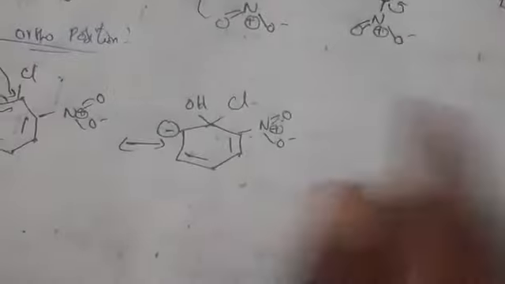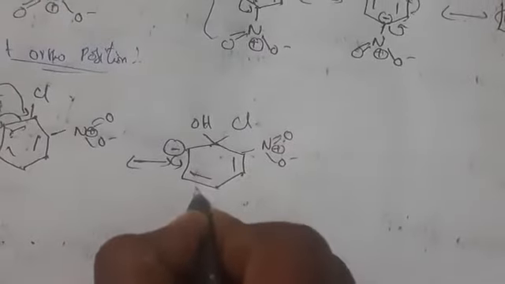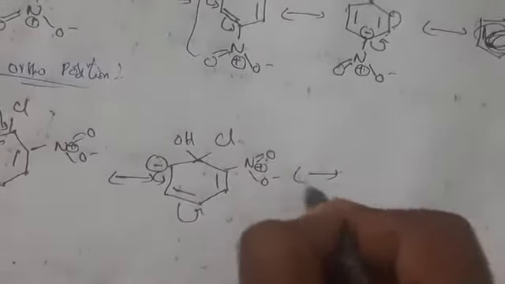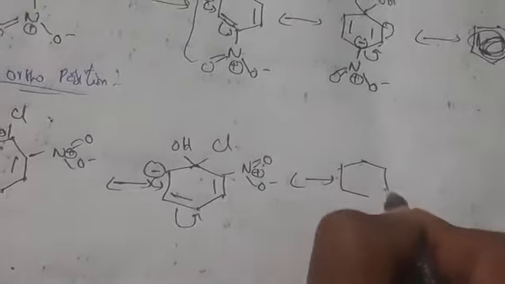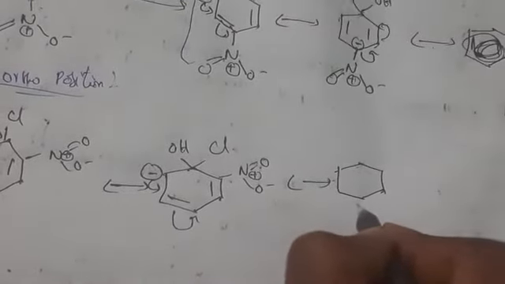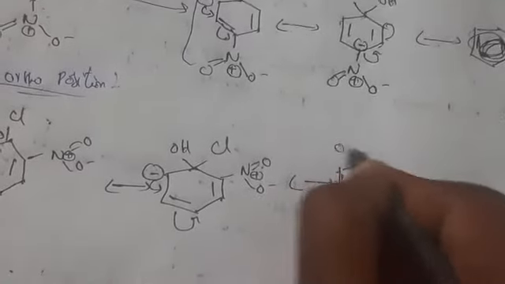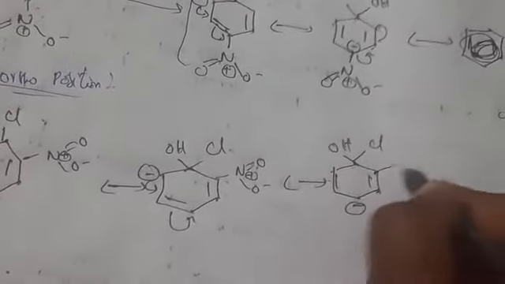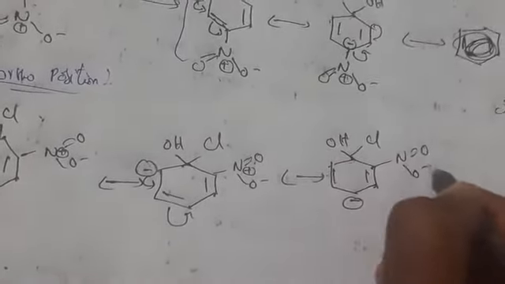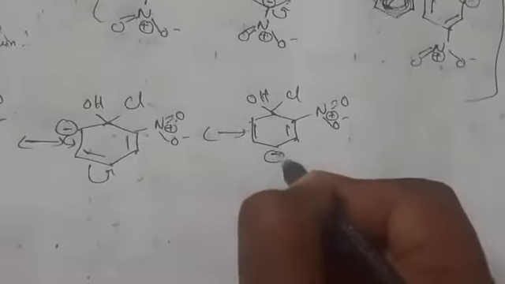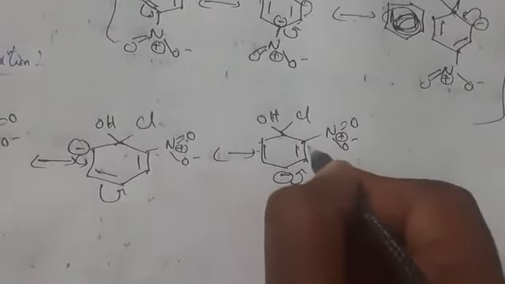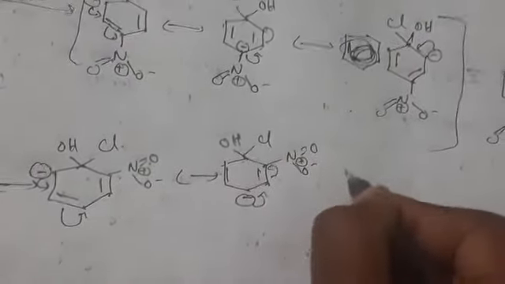Okay, so now again what happens, this one turns this side, here it will be getting like this. So we are going to get here minus charge and here bond OH Cl, and here N double bond O minus plus. Again what happens, this one will go inside and this bond will turn, meaning minus charge.